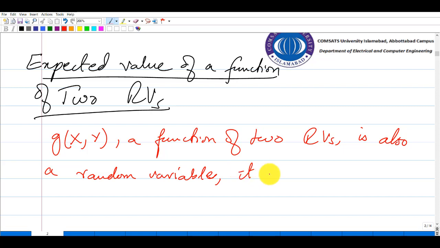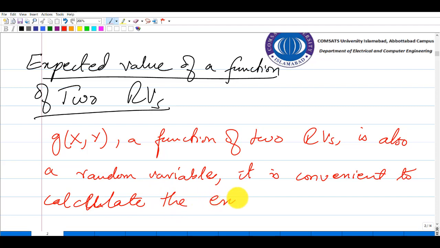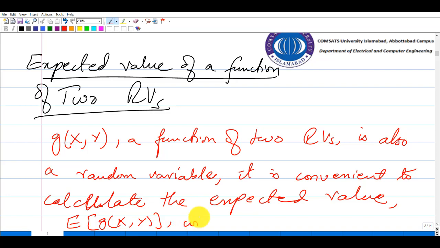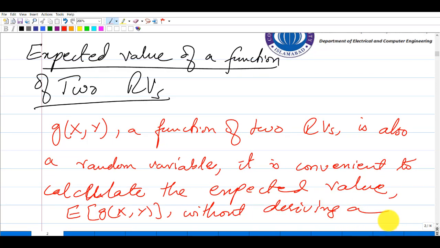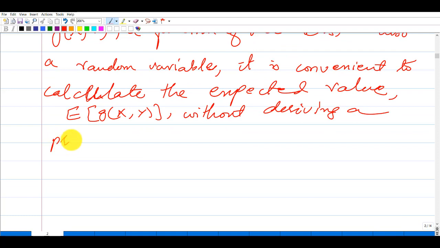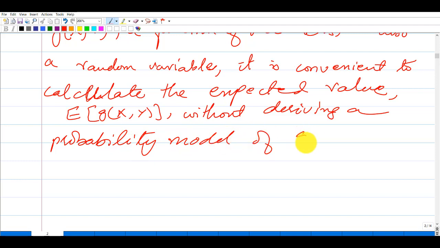It is convenient to calculate the expected value, that is, the expected value of g(X,Y), without deriving a probability model of g(X,Y).